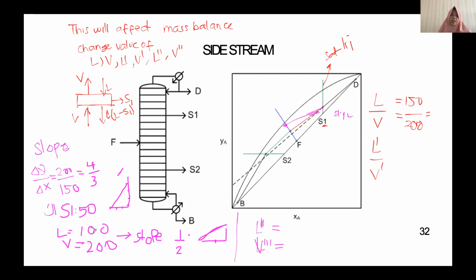Let's say the feed is 100, and for example, the vapor is 50 and the liquid is 50. So now L becomes 150 and V becomes 250.